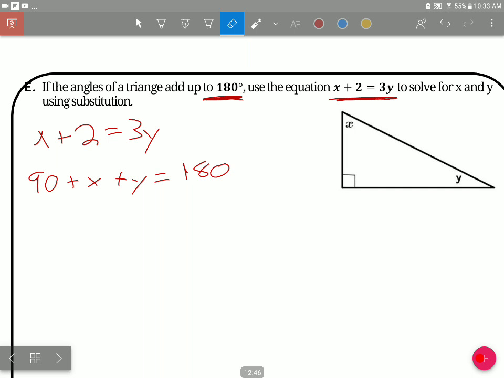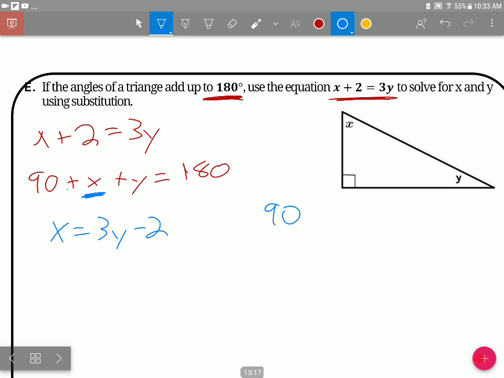Let's solve from here. What do you want to solve for? The first x, the first y, or the second x or the second y? You want to do the first x? How do we do that? Subtract your 2 over. So that becomes x equals 3y minus 2. Plug it into that guy right there. So we've got 90.